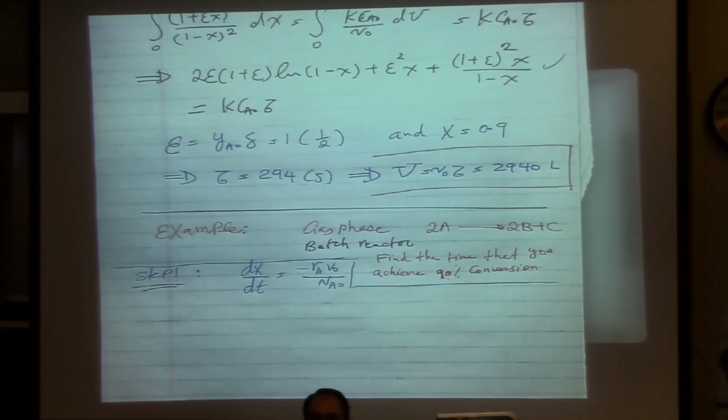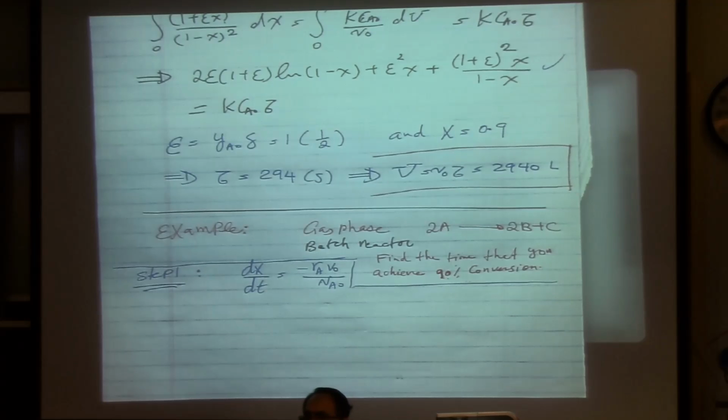So how does the rate change in the reactor? If you plot minus RA versus time, how does the plot appear?